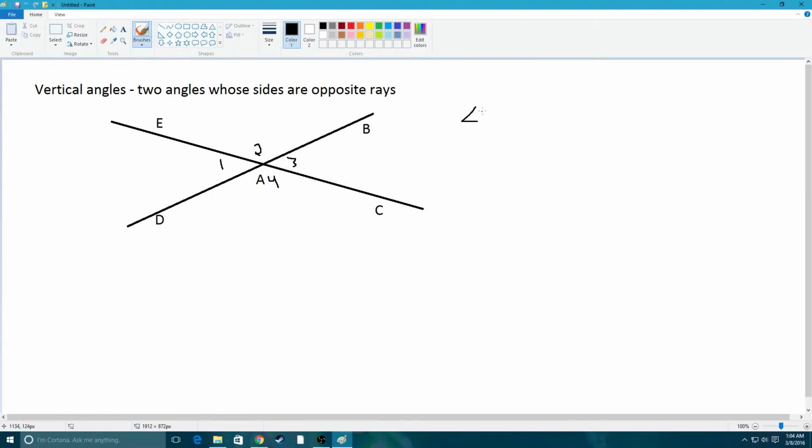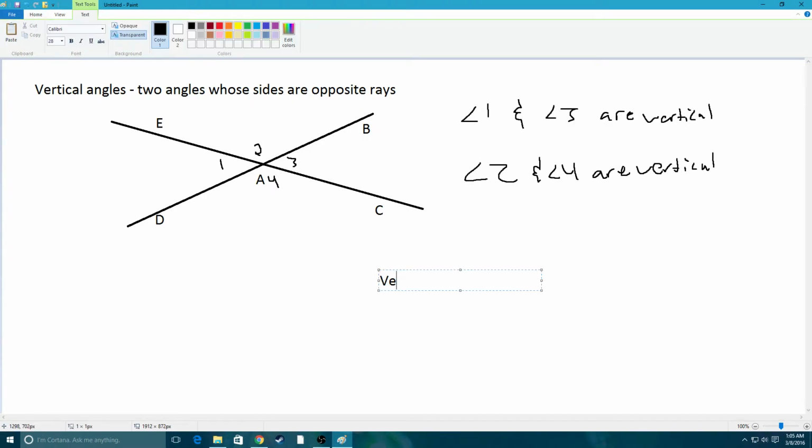So therefore, angle 1 and angle 3 are vertical angles. Also, angle 2 and angle 4 are vertical. Really important property about vertical angles. Vertical angles are equal.